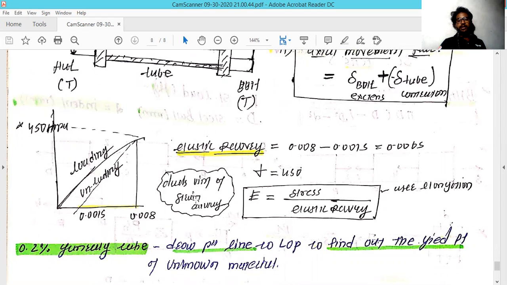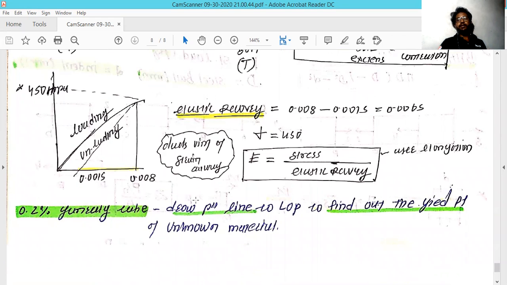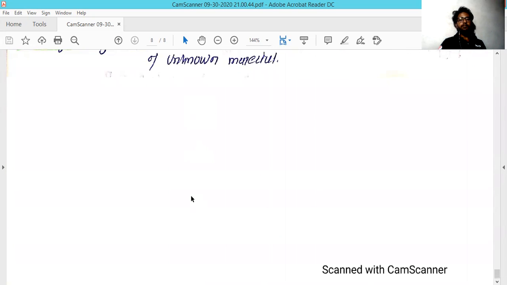In some conditions, if the modulus of elasticity is not given, they take 0.2% of the extension and draw a line parallel to that graph, and wherever it crosses the curve, that point is taken for that particular diagram.